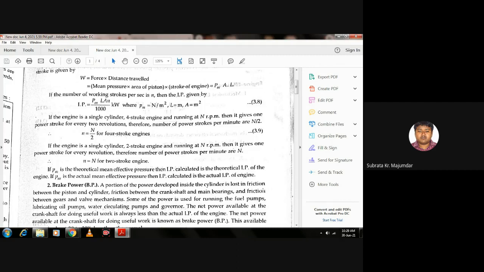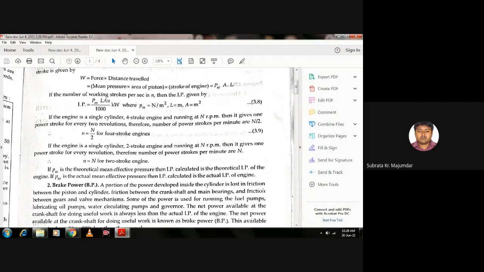So whenever we are designing an engine cylinder, we pre-calculate what mean effective pressure should be created in the engine cylinder. It is denoted by P suffix M. Then the indicated power calculated is the theoretical indicated power of the engine.